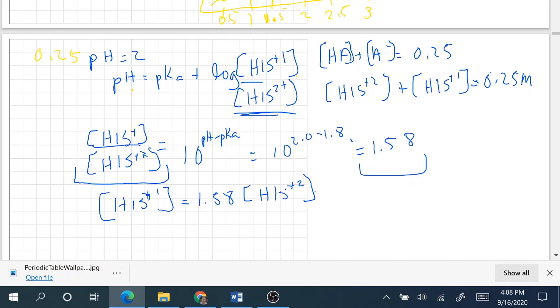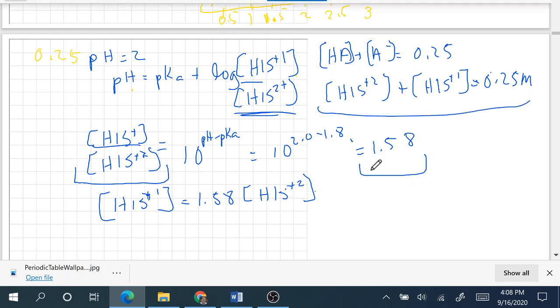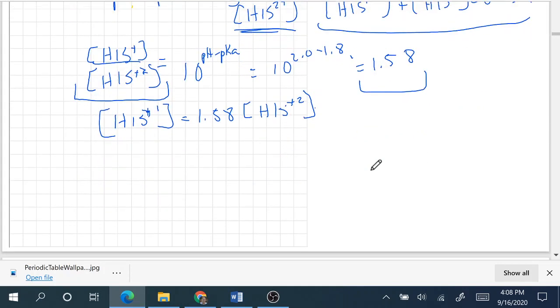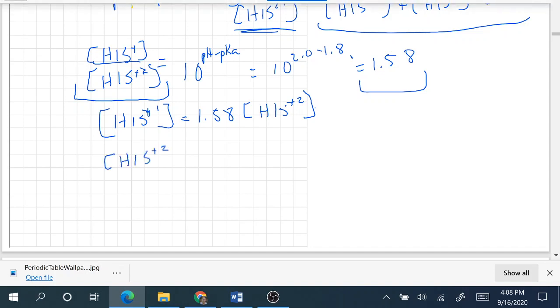Okay? And we know this right here, right? Alright, so we know that His plus 2 plus His plus 1 is equal to 0.25 molar.